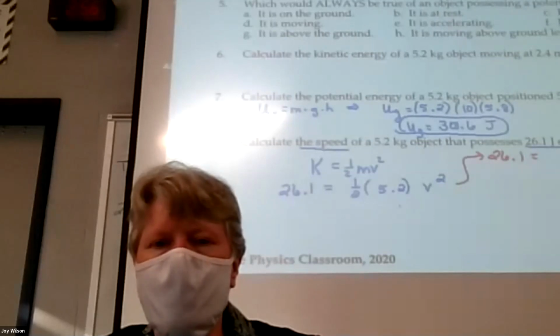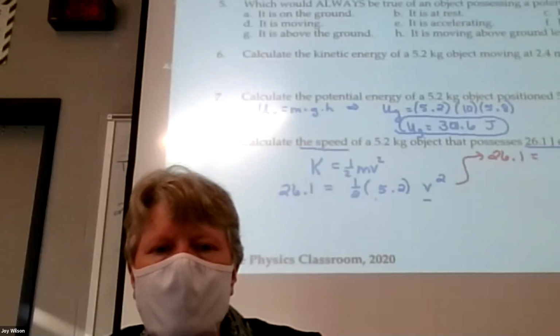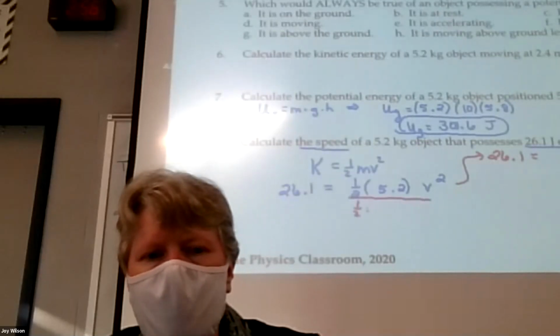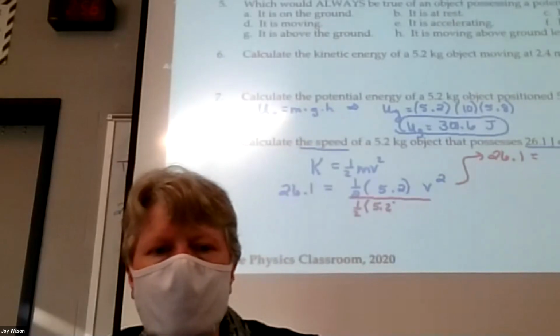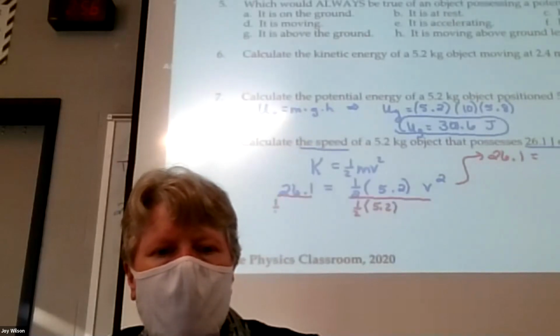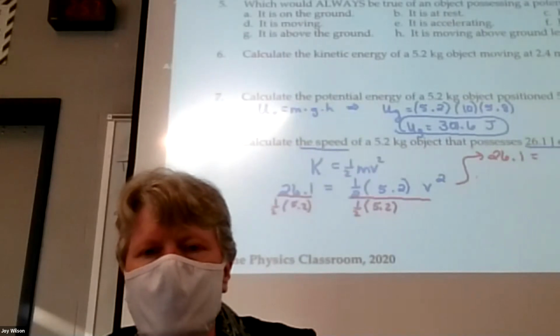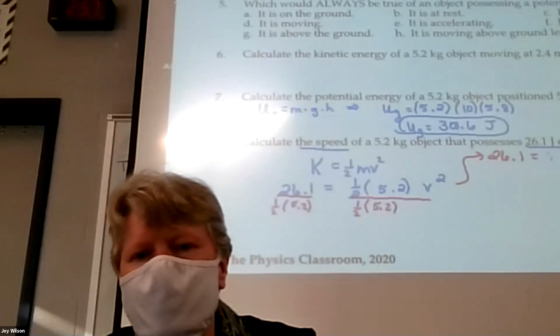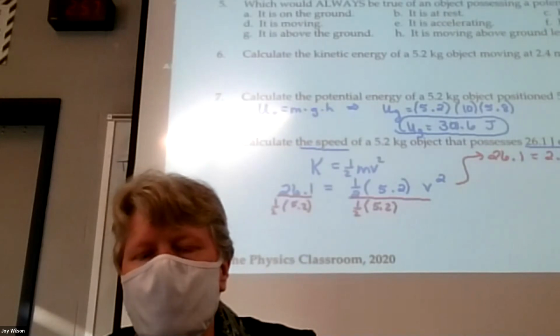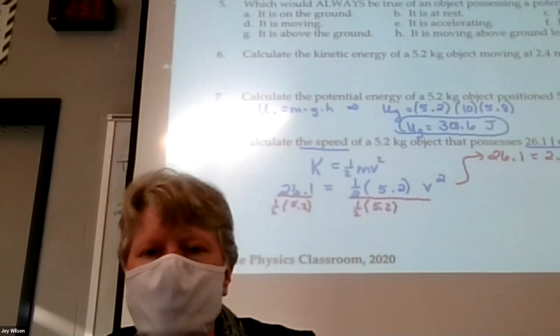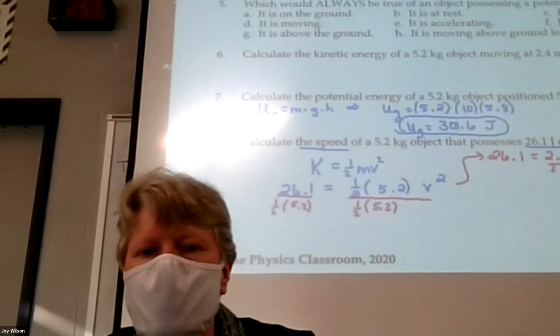Right. So you can do one of two things. You can either divide both sides by 1/2 and 5.2. I like to do these where I go ahead and simplify that. So I would do 1/2 times 5.2 and get 2.6 v squared. And then that way I just divide by one number instead of two.